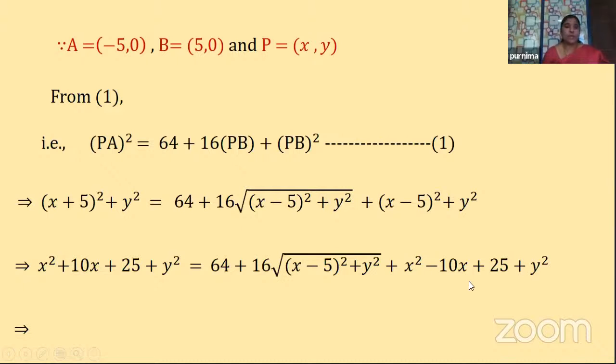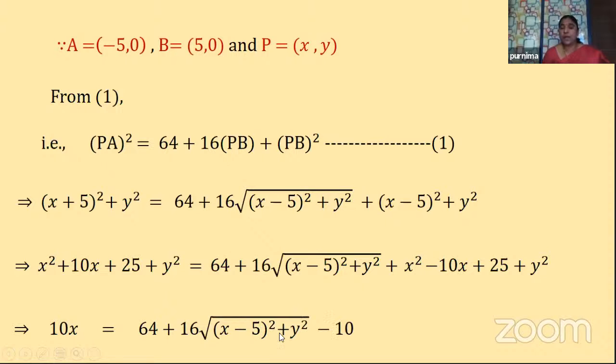Okay, so now the next step is what? x square + 10x is equal to 64 + 16 into under root of (x - 5) whole square + y square - 10x. Again the same step you have done in the previous sum. So what is it, children? The x square term here and the x square term here on both sides get cancelled.